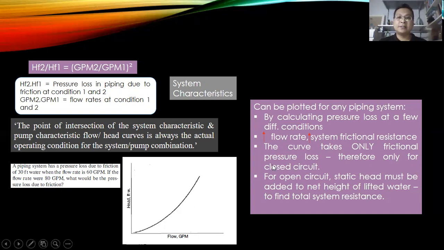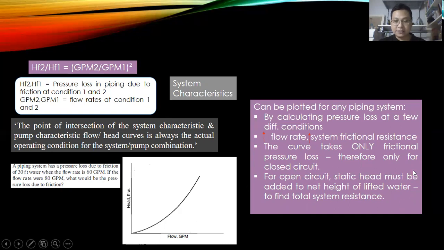The curve takes only frictional pressure loss, therefore it is only for a closed circuit. Closed means not open to atmospheric conditions. For an open circuit, static head, the height of the lifted water, must be added to find the total system resistance.